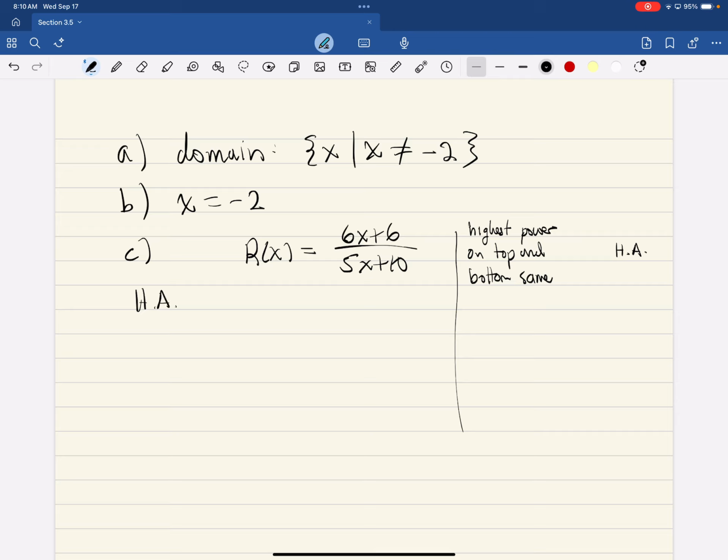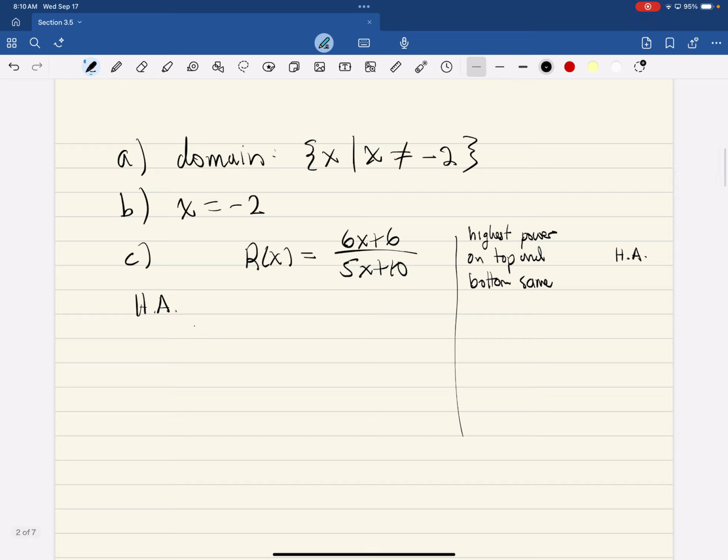We can get that horizontal asymptote by taking 6x, and we're just going to ignore what's going on with powers lower than the highest one.